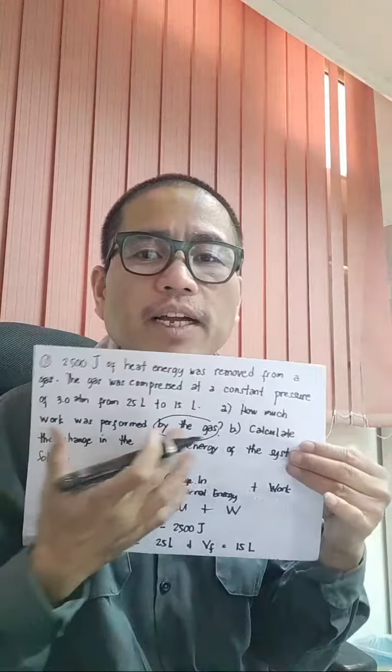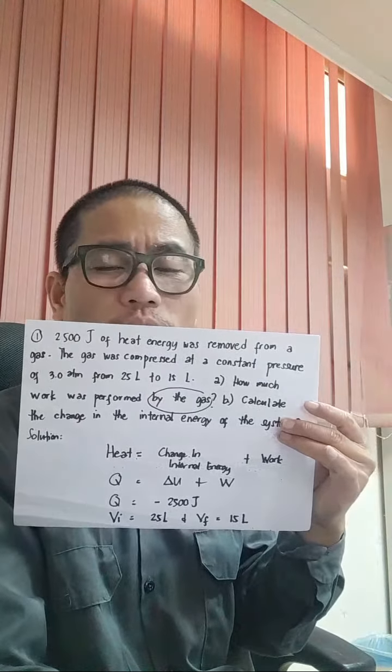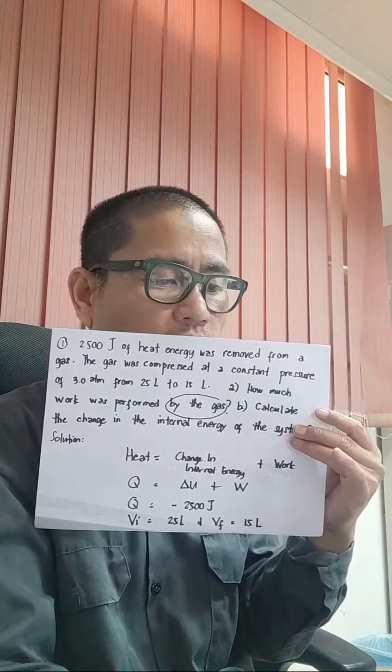Now we will look at the problem. Heat energy was removed, meaning the heat is negative by the theory. And how much work was performed by the gas? Work by the gas is negative, and work on the gas is positive.